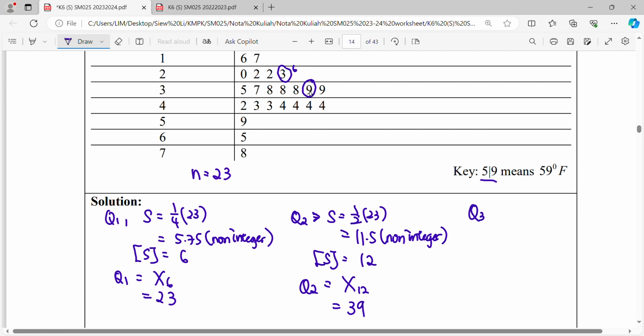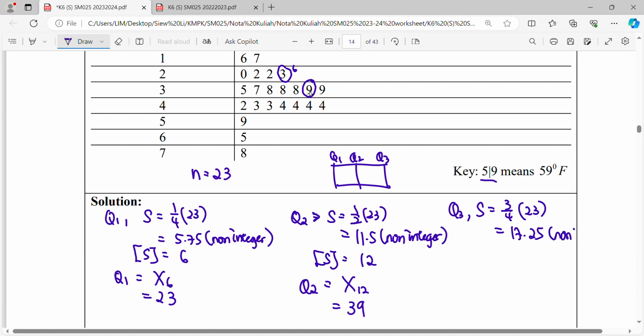So to form your box and whisker, we form the box first. Your box is Q1, Q2, and Q3. Q3 position is 3/4 of the data, which gives 17.25. That's not Q3, that's the position.